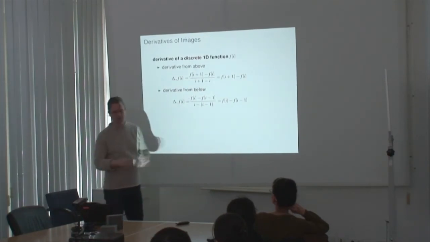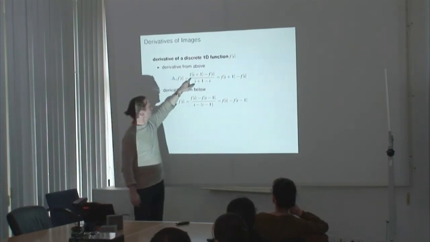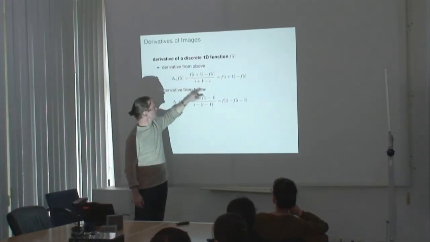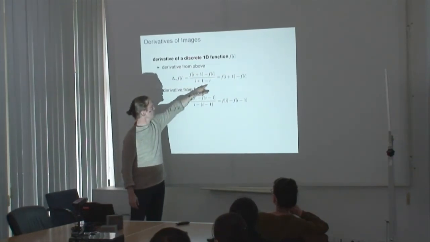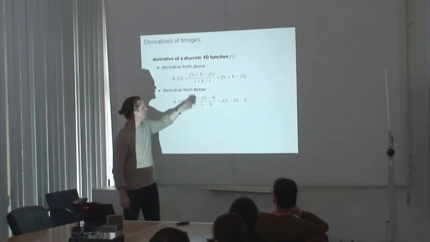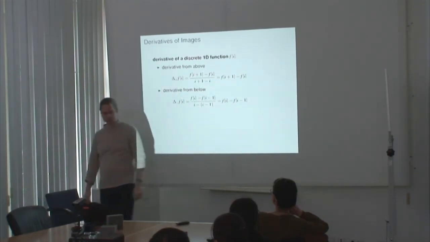Without loss of generality, we assume that these coordinates I are 1 apart. F at I plus 1 minus f at I divided by this epsilon, which is I plus 1 minus I, which is 1. So basically the derivative from above is f at I plus 1 minus f of I.